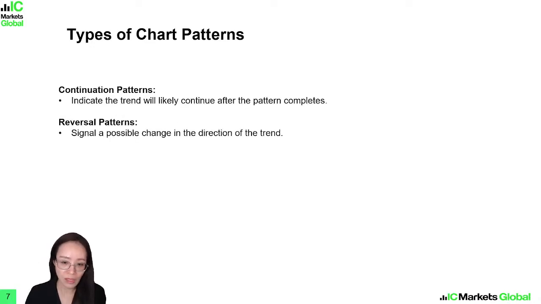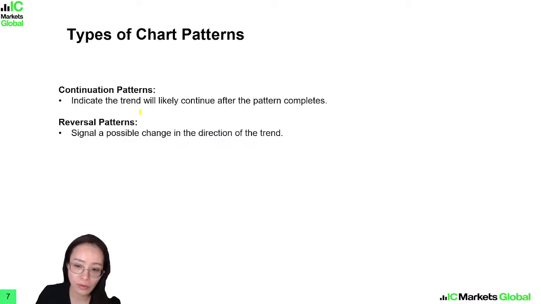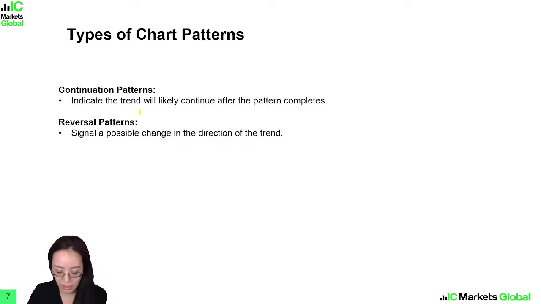I will show you guys later. There are two types of chart pattern. First is the continuation pattern. It indicates the trend will likely continue after the pattern completes. Second, the reversal pattern is a signal of a possible change in the direction of the trend.